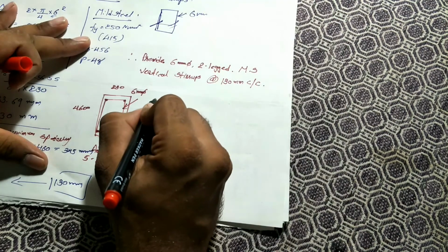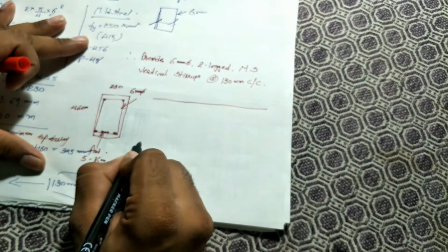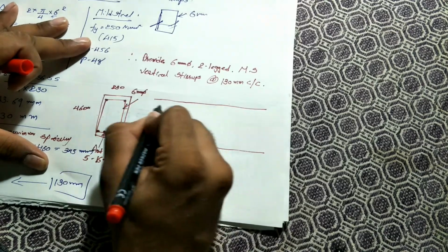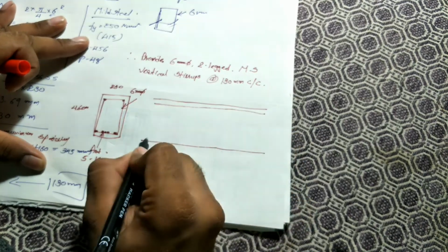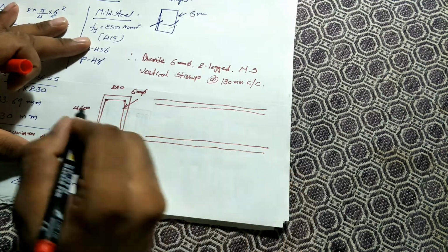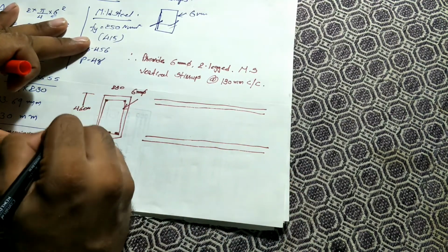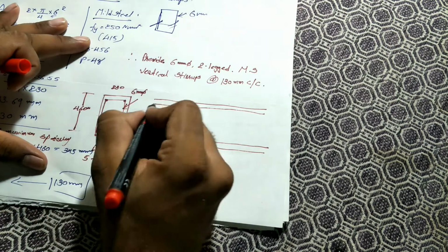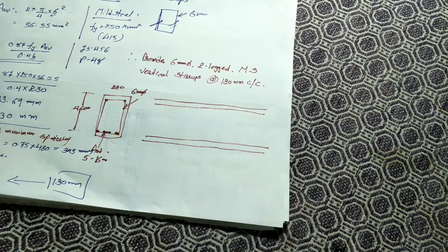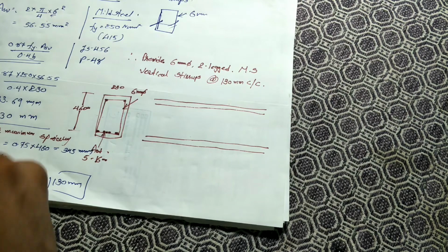And how do you draw the spacing? Like this. This is your reinforcement, and this is your effective depth 460 mm.